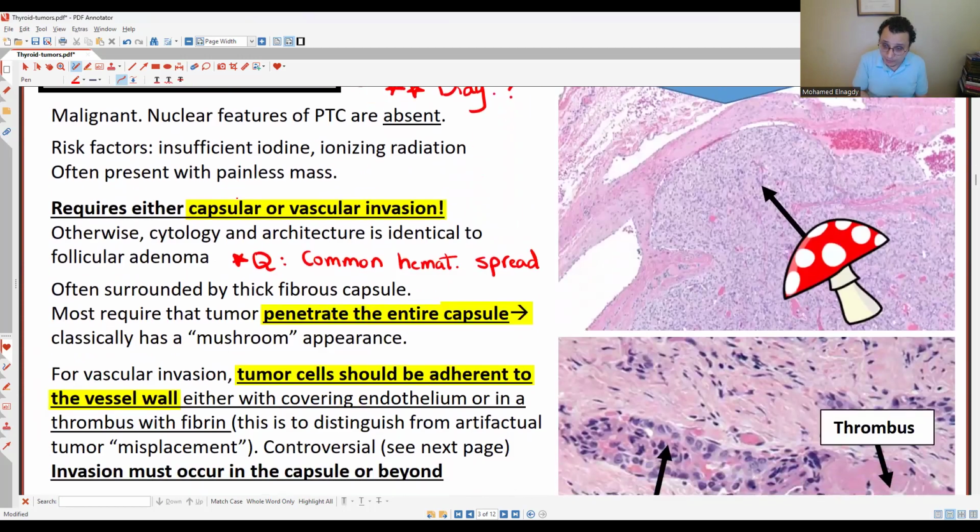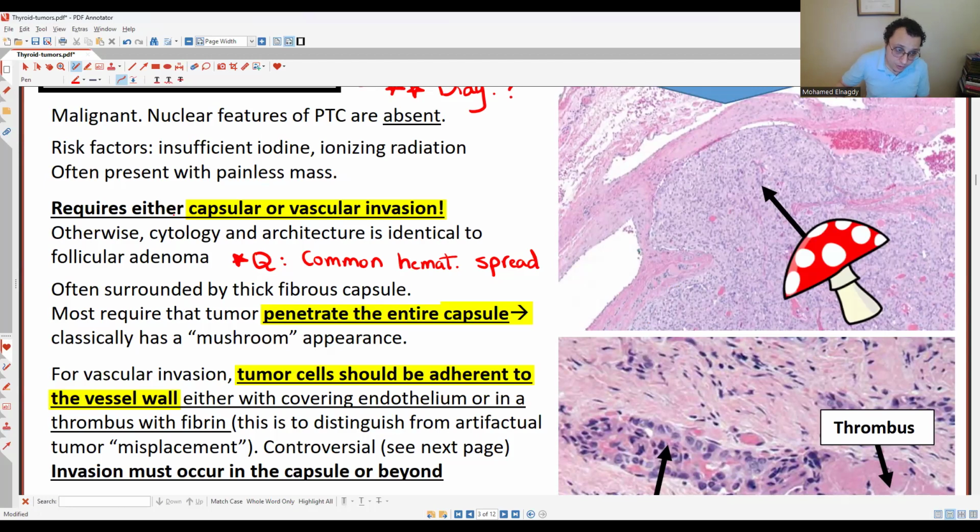See, that's how capsular invasion should look. You need to know how to differentiate between true capsular invasion and pseudo-capsular invasion, and also between true vascular invasion and pseudo-vascular invasion. So let's start with true capsular invasion versus pseudo-capsular invasion first.